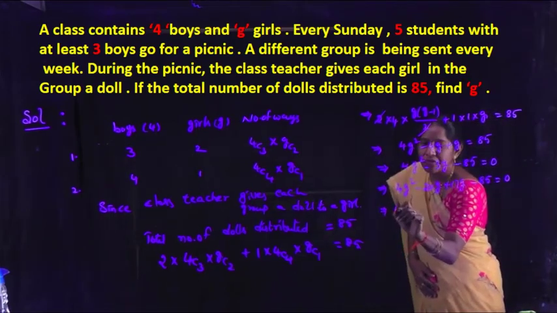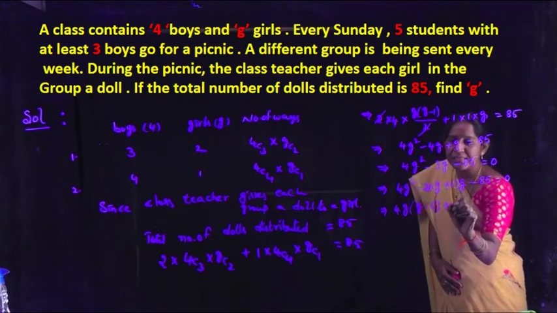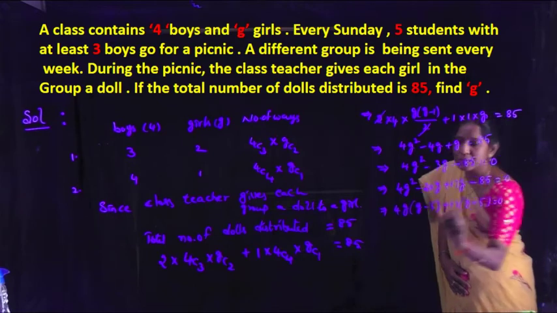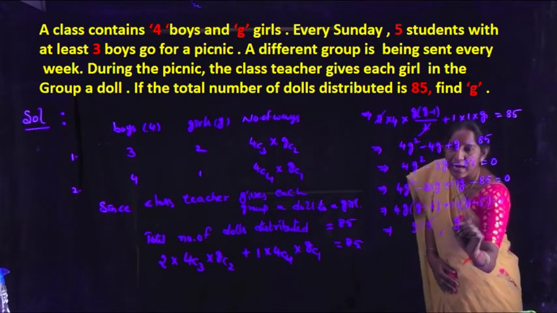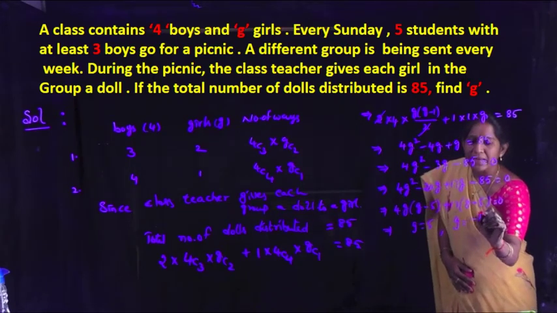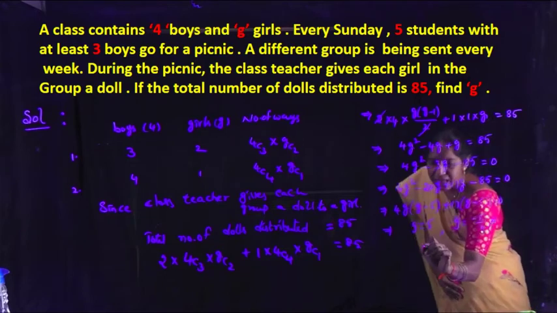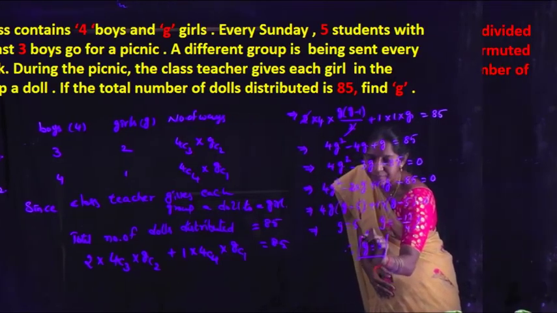Then 4G take common, G minus 5, plus 17 take common, G minus 5 equal to 0. This implies G is equal to 5 one value and G is equal to minus 17 by 4 one value, but it does not satisfy. Therefore, the value of G is 5 only.